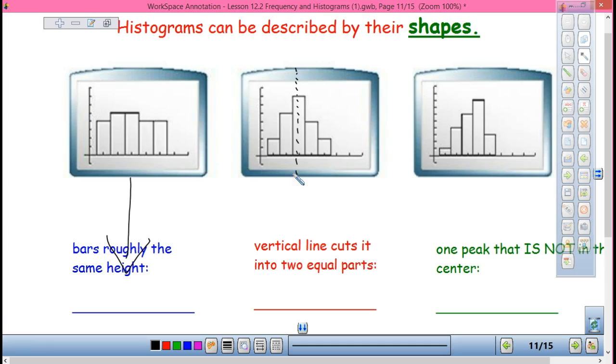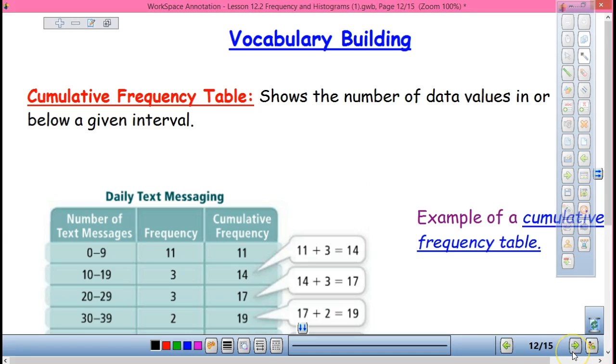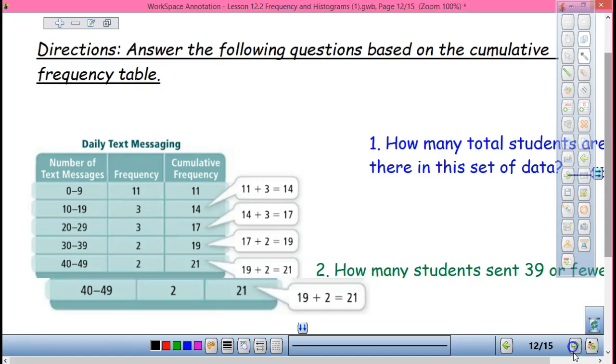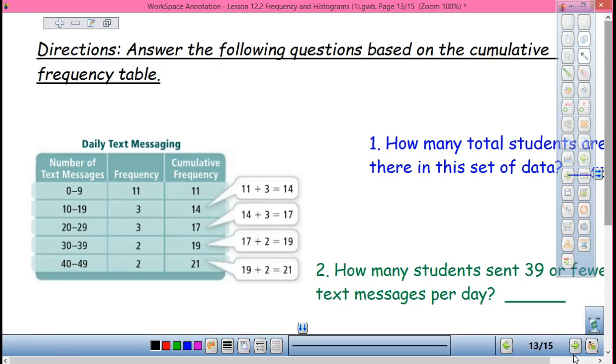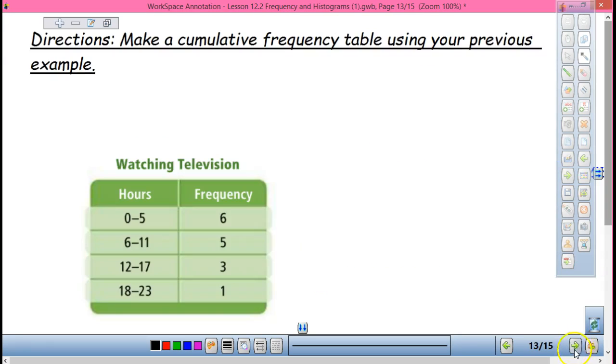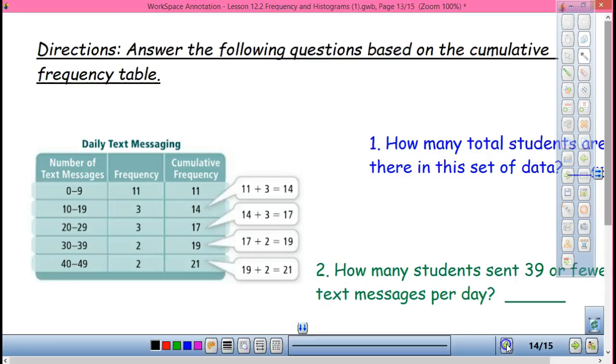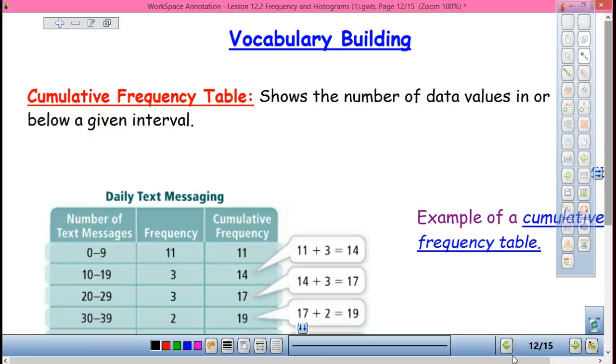And notice how it's kind of a rough estimate. Nothing's going to be perfect, right? And then one peak that is not in the center. This peak's not in the center. For the most part, we're good. Nothing real major, right?